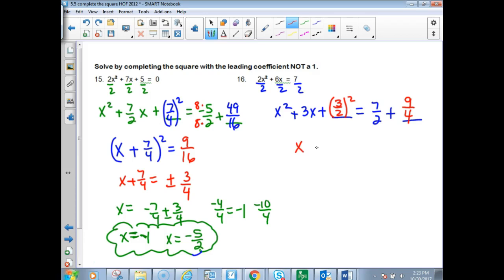The left factors to (x plus 3 halves) quantity squared. Multiply 2 top and bottom. We can do that one in our head. 14 plus 9 is 23/4.